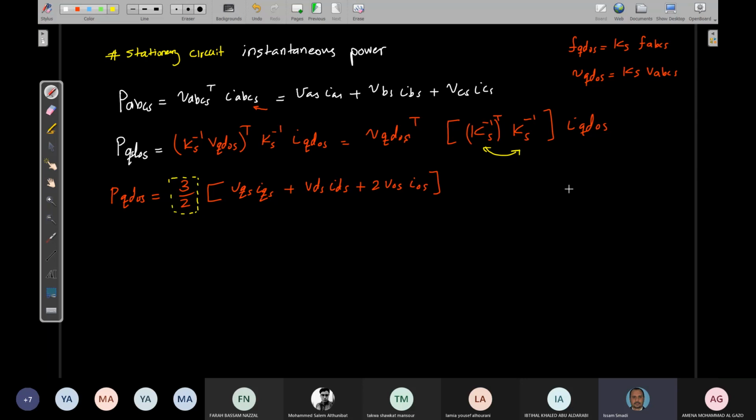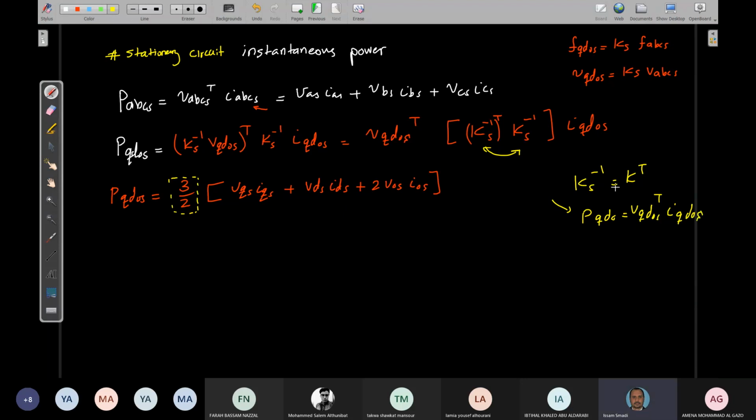Now, do you see here, if I'm using the assumption that Ks inverse is equal to the K transpose, in this case, I can write the power in the QD0S as VQD0S transpose IQD0S, correct?